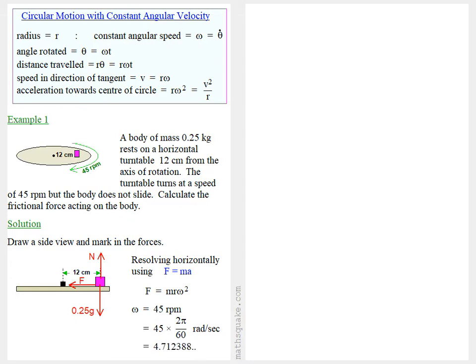And that works out to be 4.712388. So the frictional force mr omega squared is equal to 0.25 times 0.12 times 4.712388 squared, which is 0.66198. So the frictional force rounded off is 0.662 newtons.